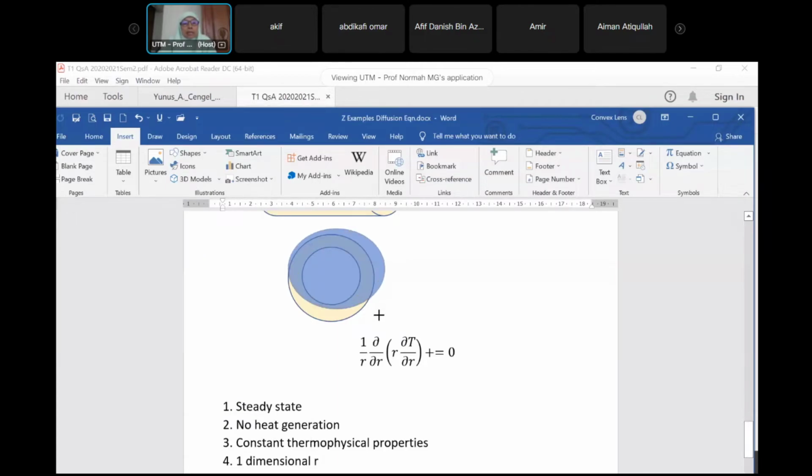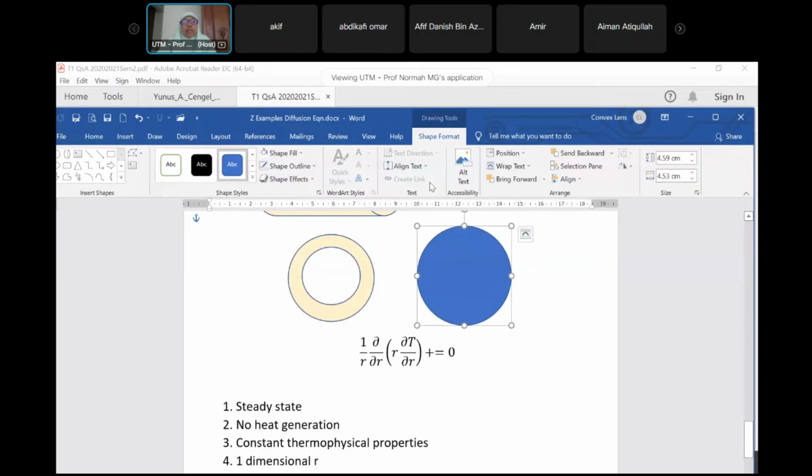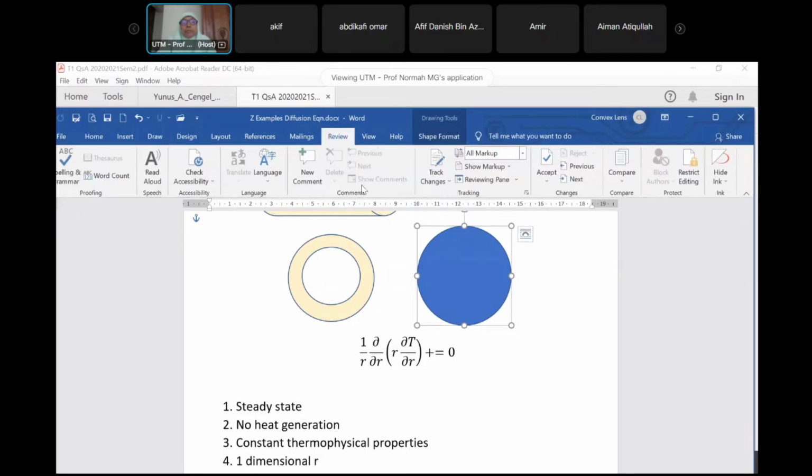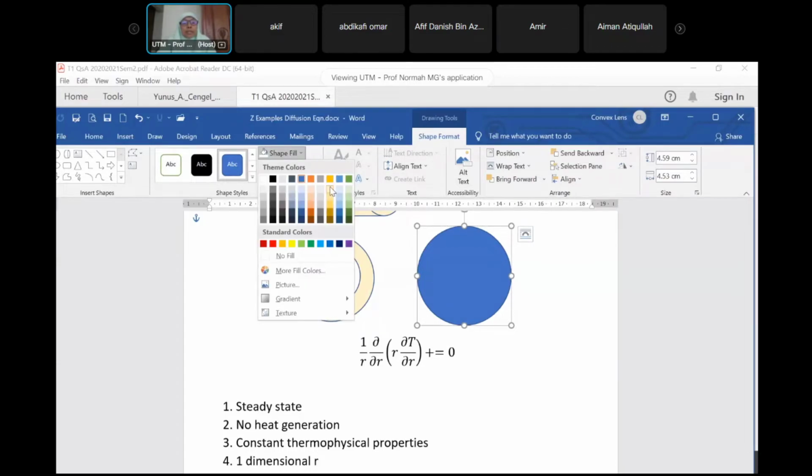Okay. Bring forward, send to the back. I want send backward, right? Okay. It's a bit difficult. Bear with me. Shape format. Shape fill. Let's see this one.